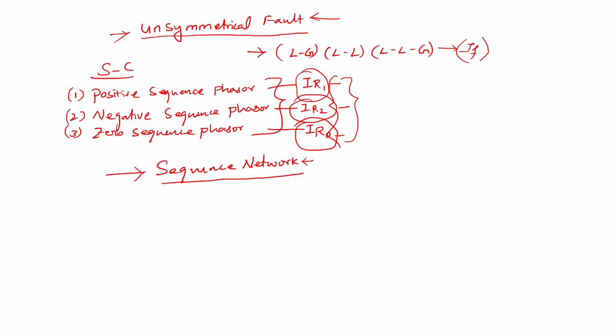For that we need to understand the prerequisite knowledge on symmetrical components. We know how to get the values for the different symmetrical components in the phasor diagram, and we also know the theory behind this: an unsymmetrical or unbalanced phasor diagram can be represented by three different balanced phasor diagrams.